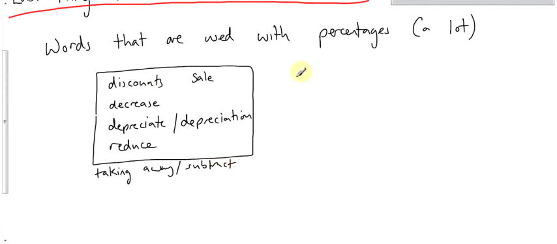And you have a similar set of words for making things go up. So instead of discounts, you might increase a price. You might have tax. In particular, VAT, that's often used to increase prices. The opposite of depreciate is appreciate. Although you rarely see that in exams, that's certainly a word that gets used a lot.